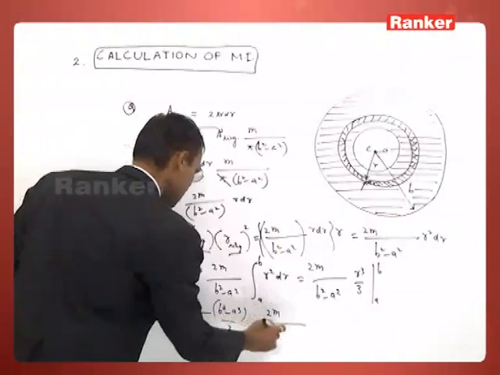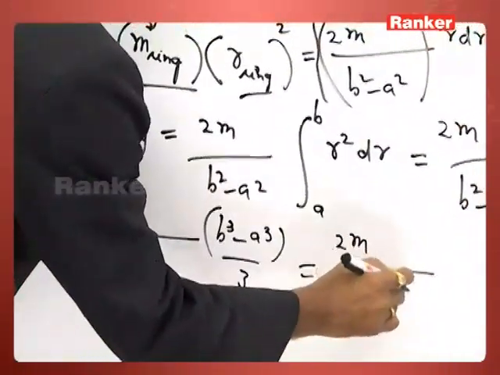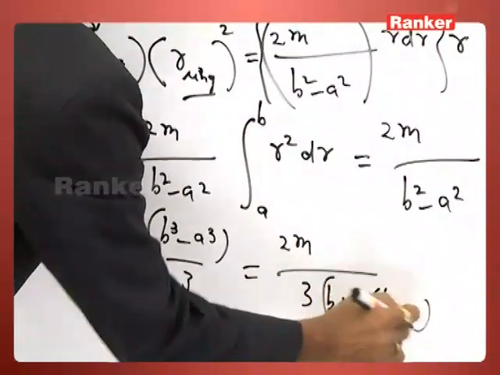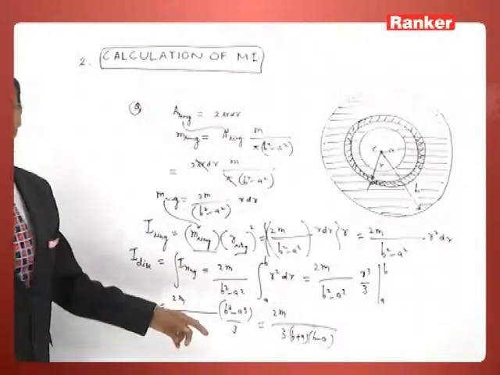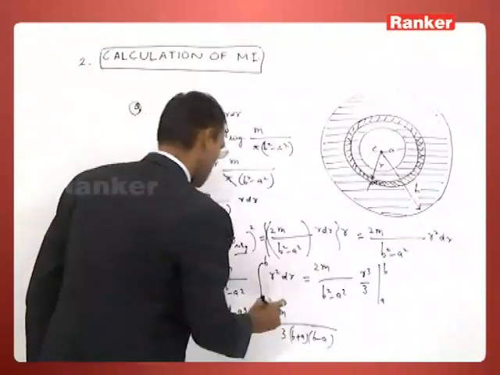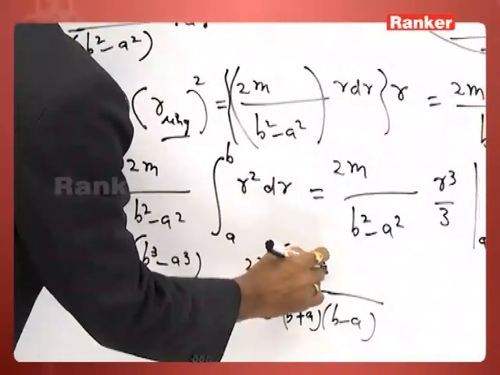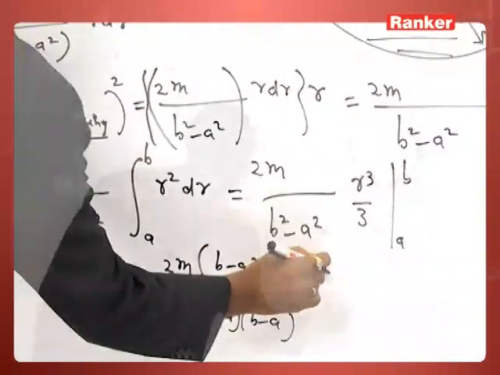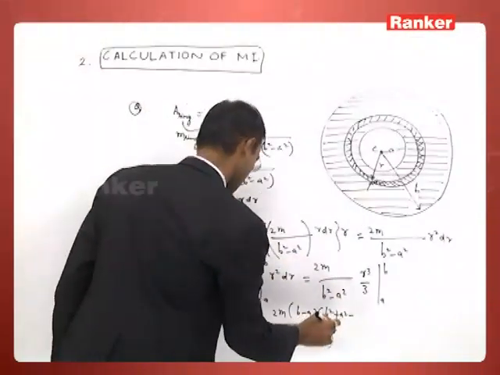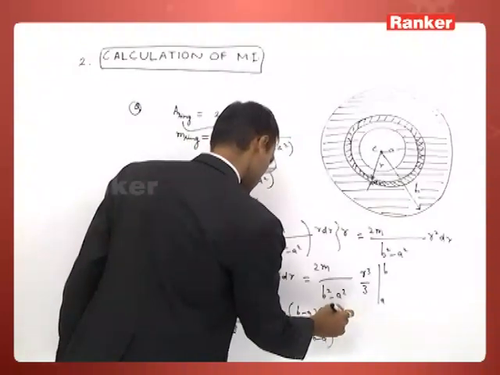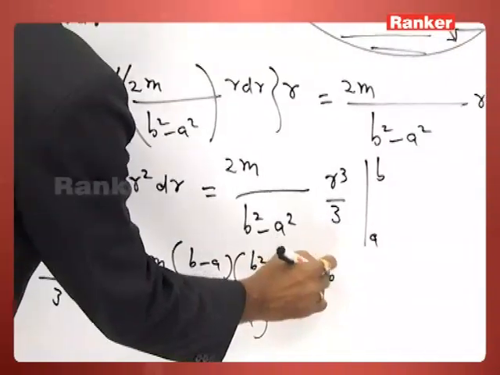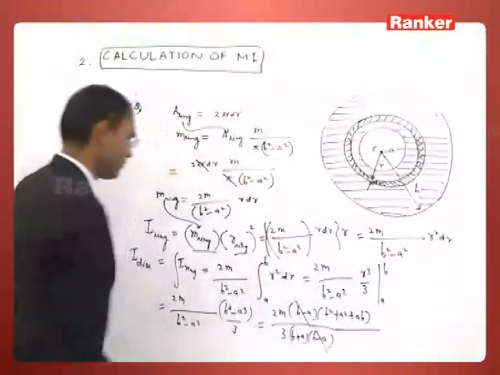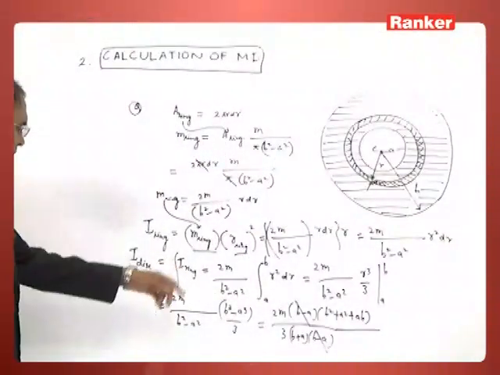If we expand it, b square minus a square can be written as b plus a into b minus a, and b cube minus a cube can be written as b minus a into b square plus a square plus ab. This will get cancelled from both numerator and denominator.